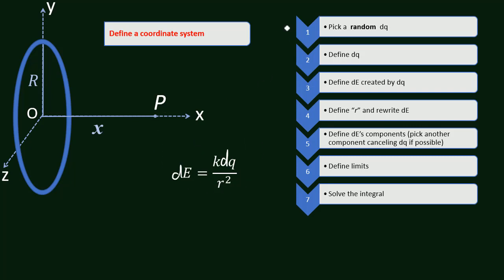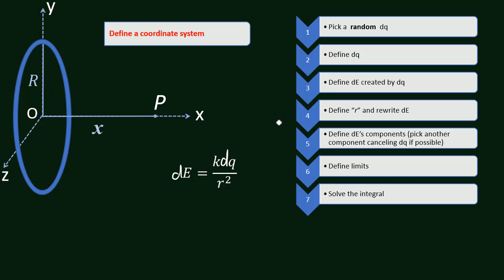So hence, we start out by picking a random charge on our charge distribution. We define it in terms of the charge distribution, line, surface, volume, whatever it may require. Then we rewrite our dE, and dE will have this expression r.